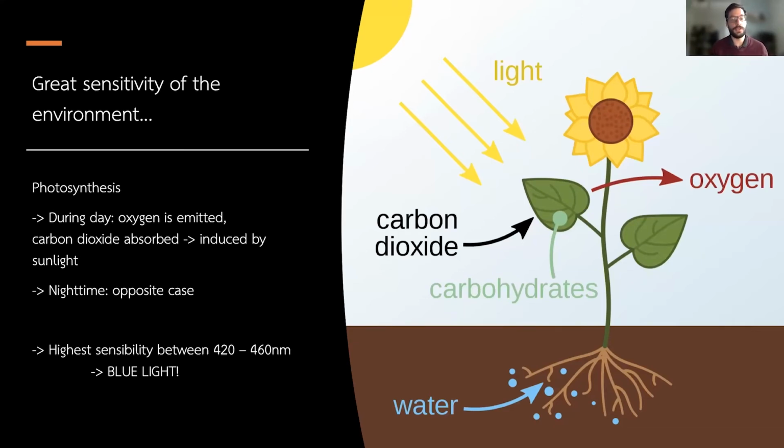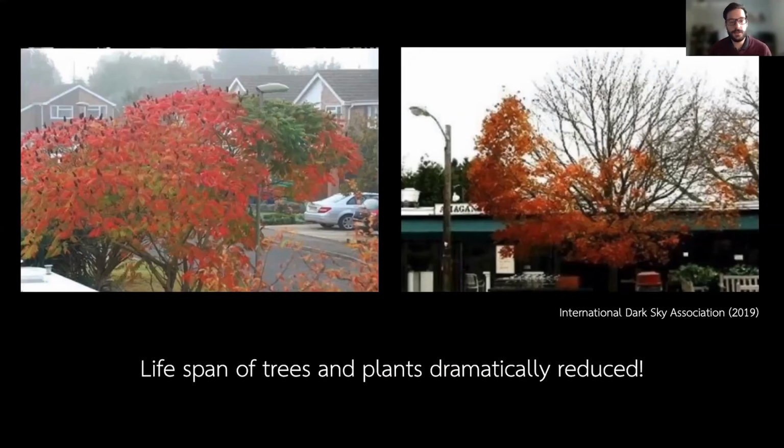And this is something we can even see. Just take a look when you walk through parks of Vienna, for example, where you sometimes still have very bad lighting fixtures. Then you can see what is happening with these trees, that you have green leaves over the whole year, also in winter times.